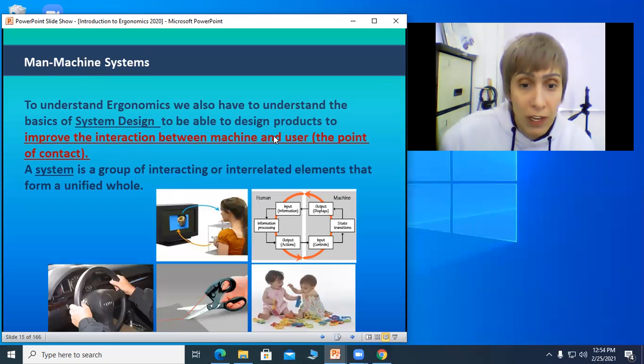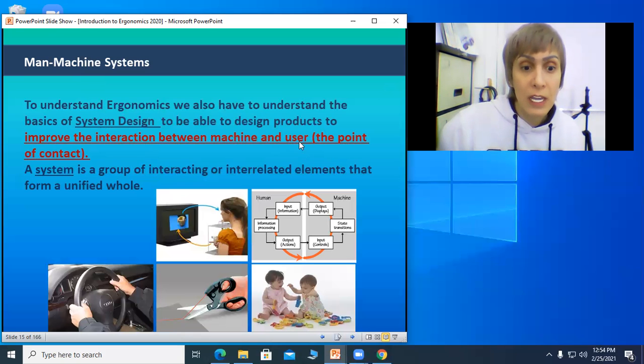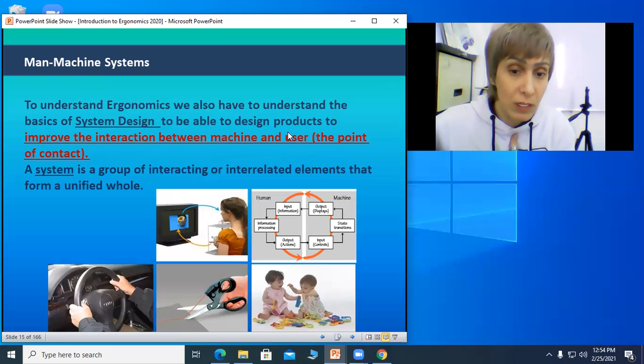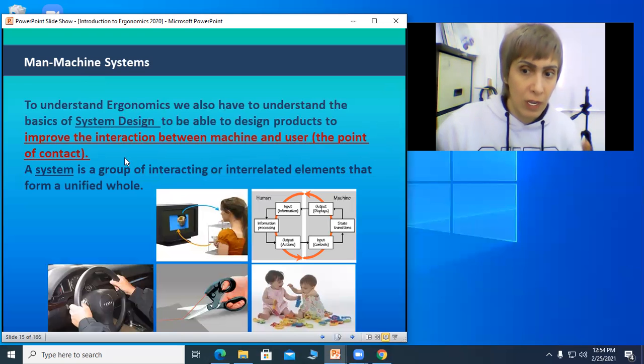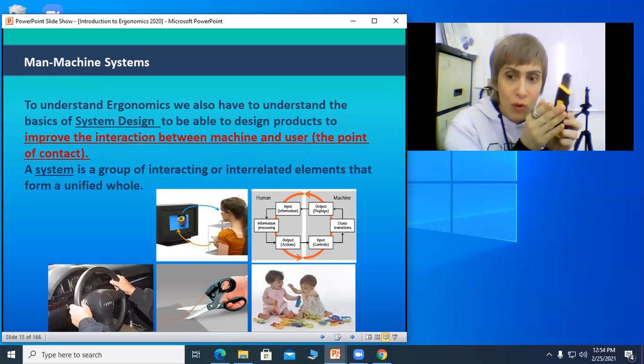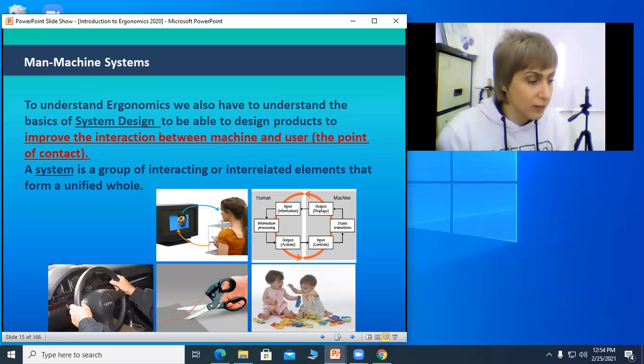And what does it say here? To improve the interaction between the machine or the product and the user, the human. So there is always this point of contact, okay? So in ergonomics and in design, of course, we need to focus on the points of contact, okay? This has different points of contact than another object.